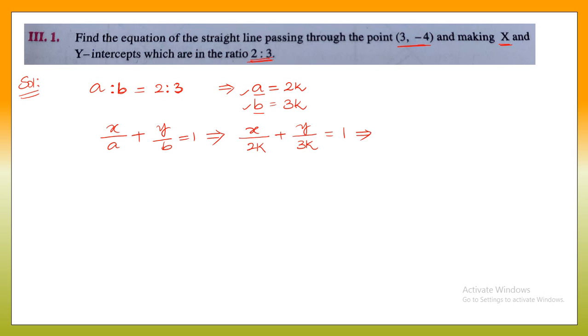On taking LCM, the LCM is 6k. So I can write this as 3x plus 2y is equal to 1. On transposing, 3x plus 2y is equal to 6k. Let this be equation number 1.